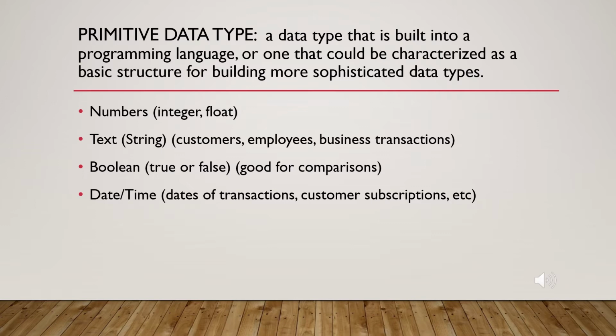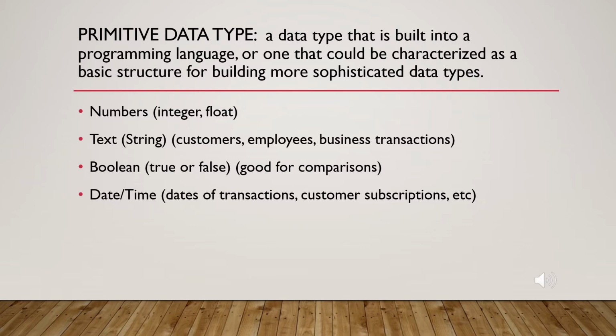You have numbers, which are integers and floats. An integer is a whole number that could hold a zero, positive, or negative value. A float represents real numbers, but it's a data type that is used to define floating decimal points. They also have text, which is another category, and string falls into that category.